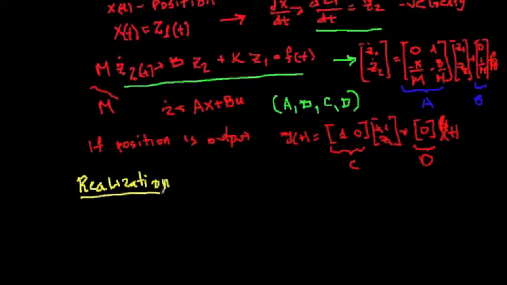When we say realization, we refer to three elements: an integrator, a gain, and a summation or subtraction element.